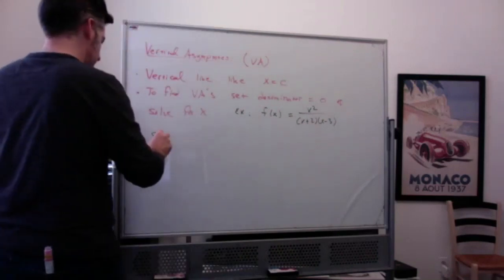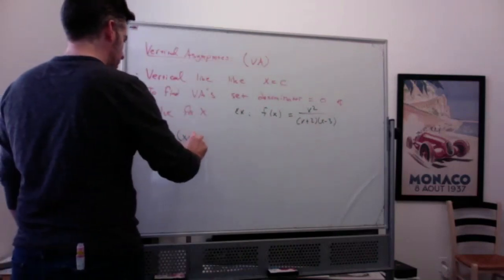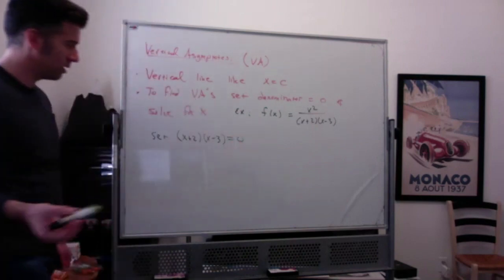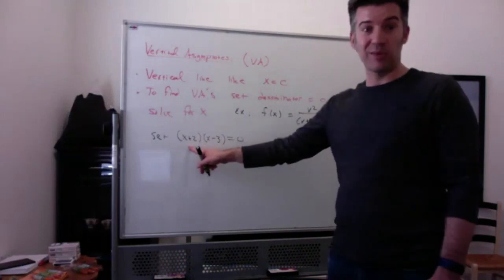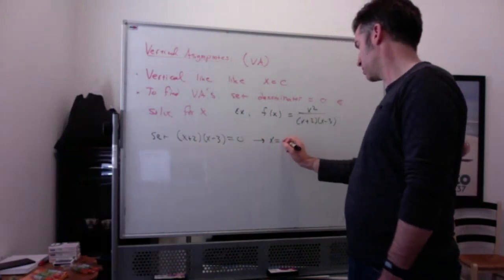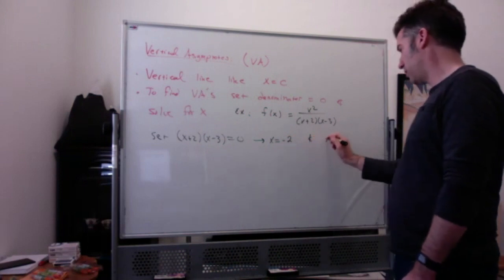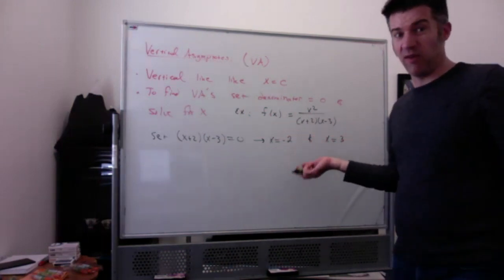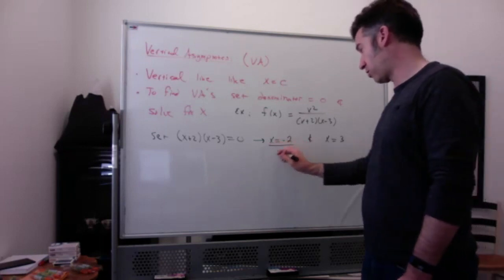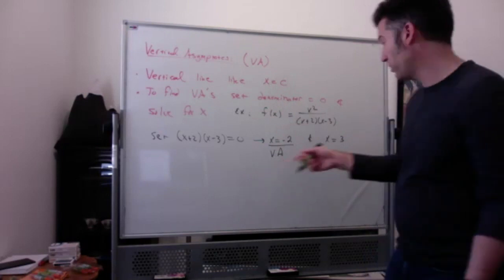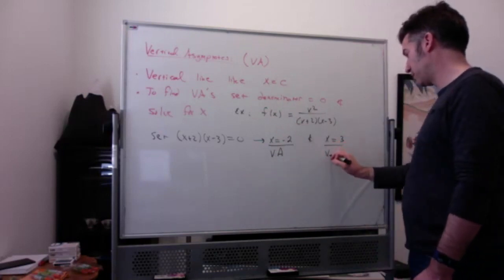So I'm going to set x plus 2 times x minus 3 equal to 0 and find all the solutions. The solutions are x equal to negative 2 and x equal to positive 3. If I was graphing this, which I'm not going to do right now, I would have a vertical line at x equals negative 2 and a vertical line at x equals 3.